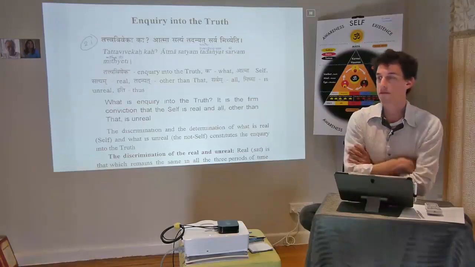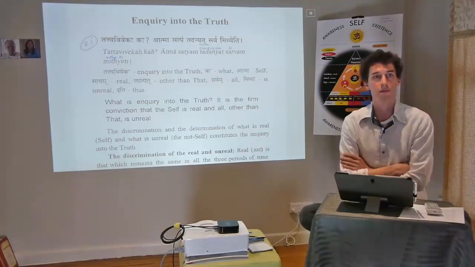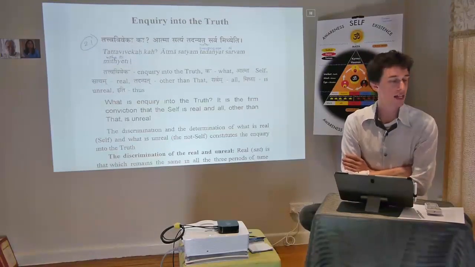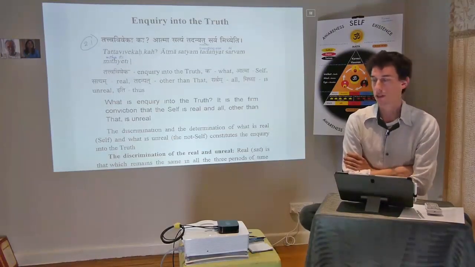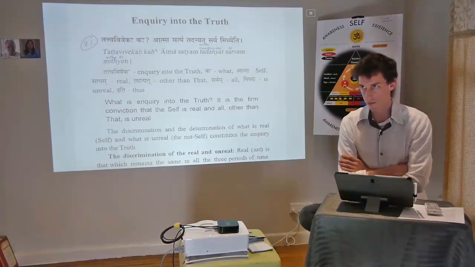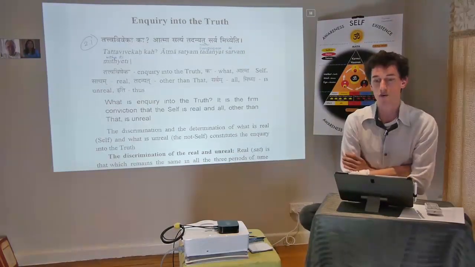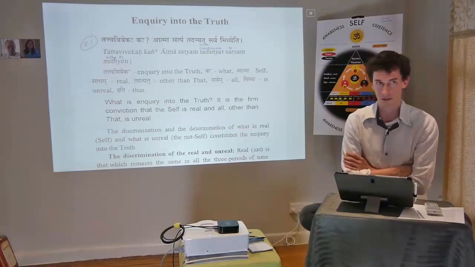Okay, now we're going to go back to the individual level. Viveka at the individual level is: self is Satyam at the individual level. This is what we say from the microcosmic standpoint. That self or Atma is Satya.